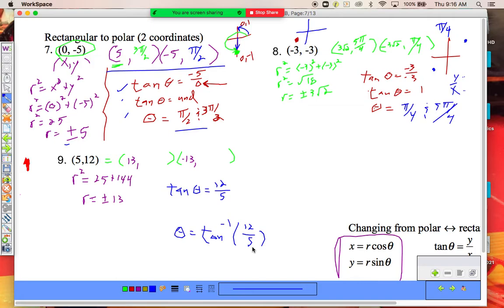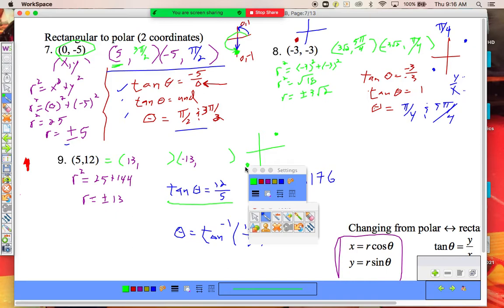And it's going to give me the angle 1.176. All right, backing up a step. What we said last time, if the tangent of theta is 12 over 5, I'm either in the first or the third quadrant because it's positive.